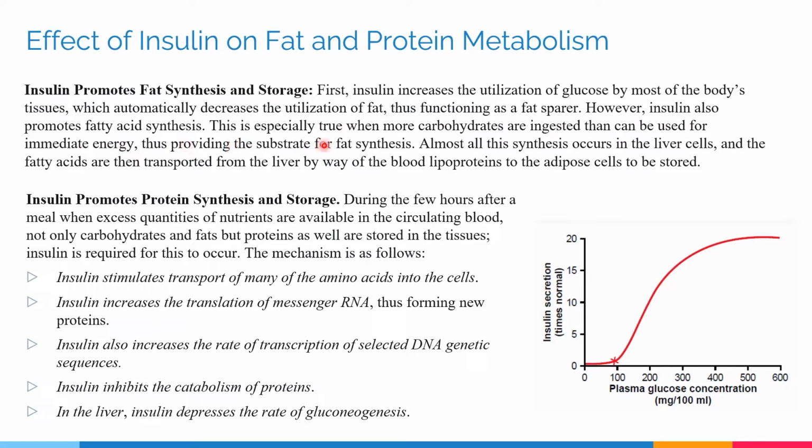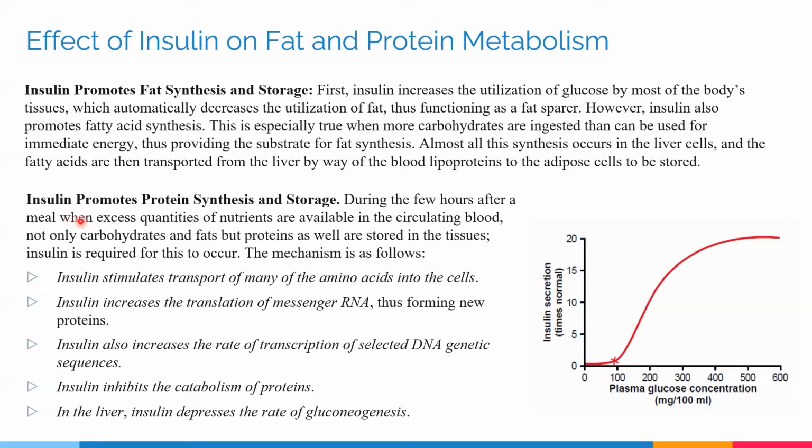This is especially true when more carbohydrates are ingested than can be used for immediate energy, thus providing the substrate for fat synthesis. Almost all this synthesis occurs in the liver cells, and the fatty acids are then transported from the liver by way of blood lipoproteins to the adipose cells to be stored.